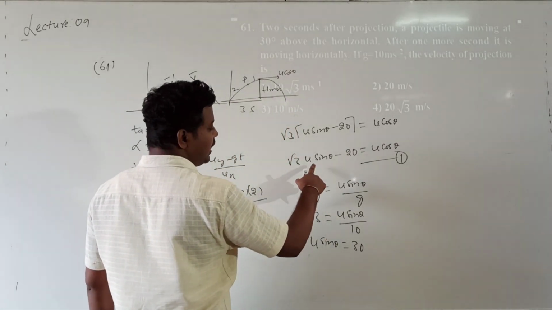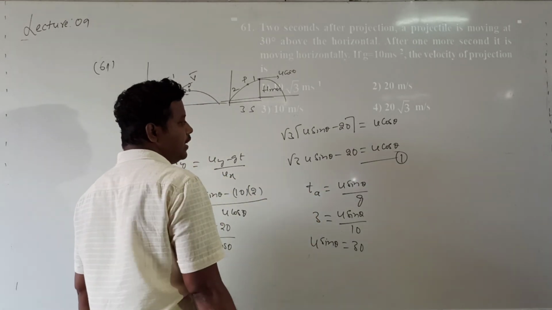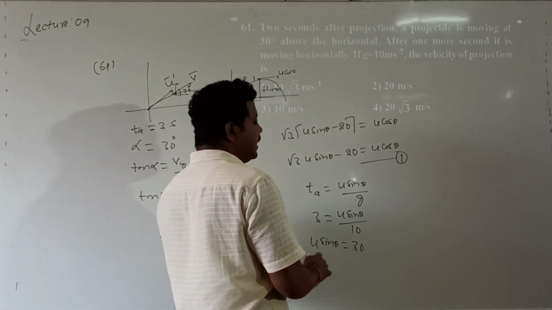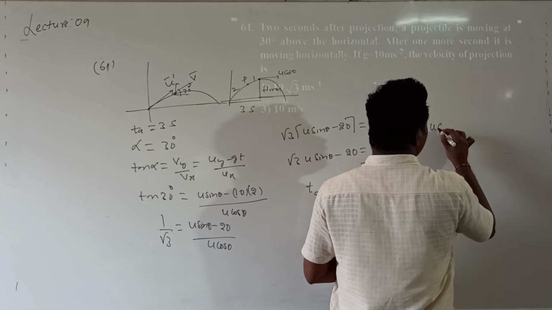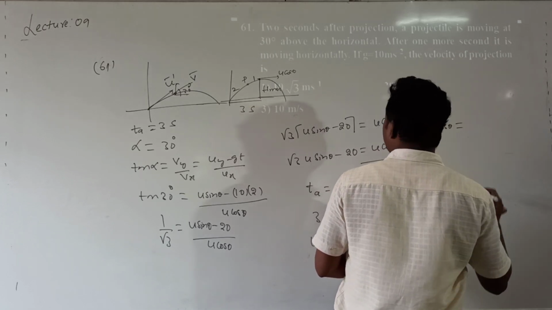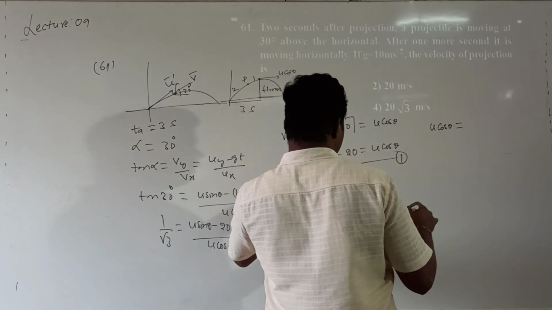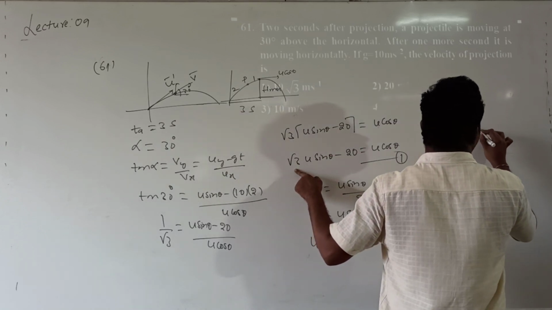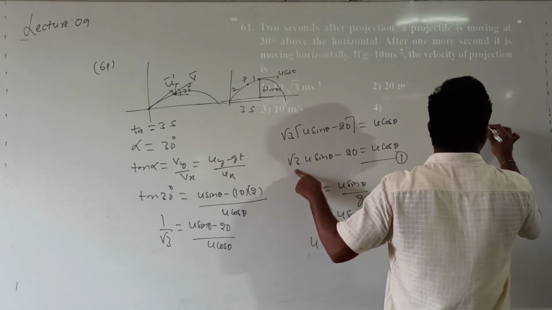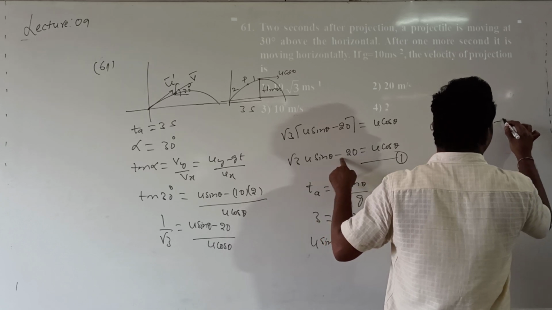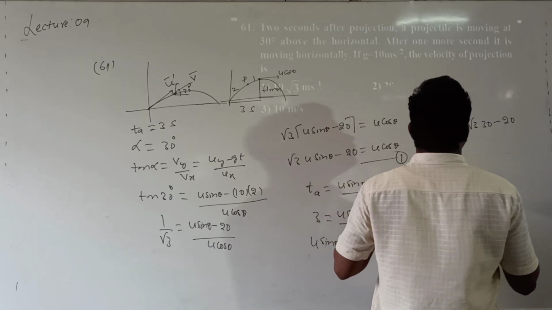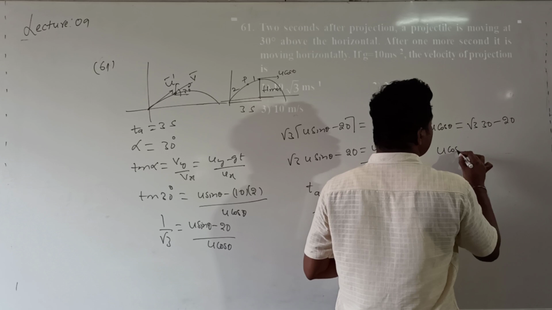When I substitute u sin theta here, can I get u cos theta? Then tell me what we will get. U cos theta value is equal to how much? Root 3 into u sin theta value 30 minus 20, which is given by u cos theta.